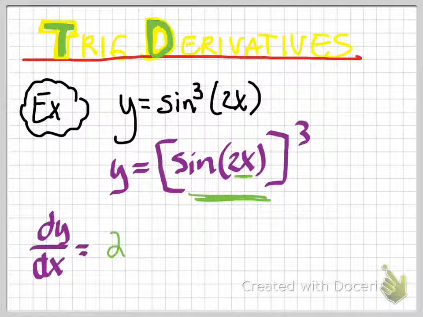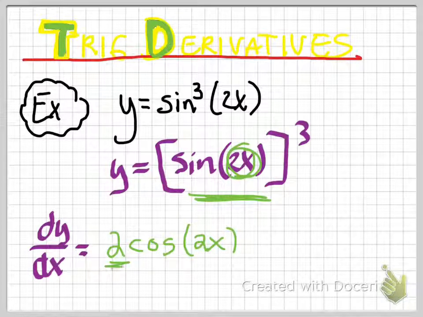Well, right now I'm focusing on this as my outside. So the derivative of sine is cosine. So cosine, keeping the inside 2x. So now I've got the derivative of 2x is 2. The derivative of sine is cosine, keeping the inside 2x. That's kind of where I'm at right now.